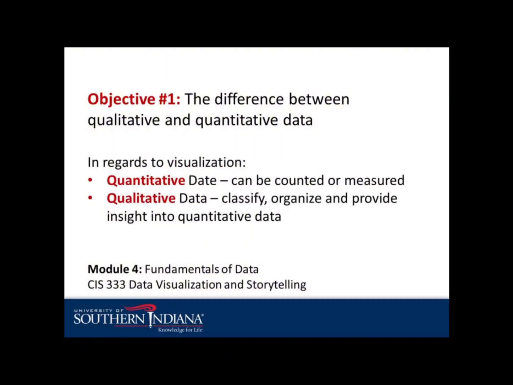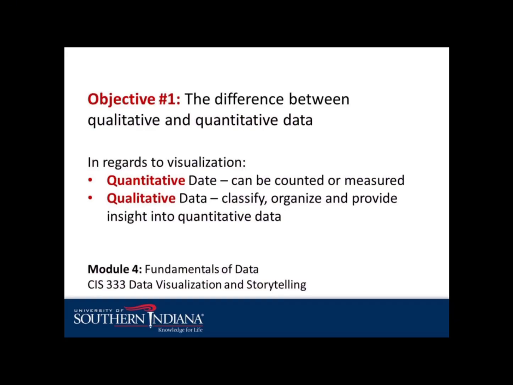Now, in regards to visualization, quantitative data, you can measure it and you can count it. Qualitative data, you classify, organize, or provide insight into your quantitative data. So you may hear quantitative data being described as dependent data, and qualitative data being described as independent data.